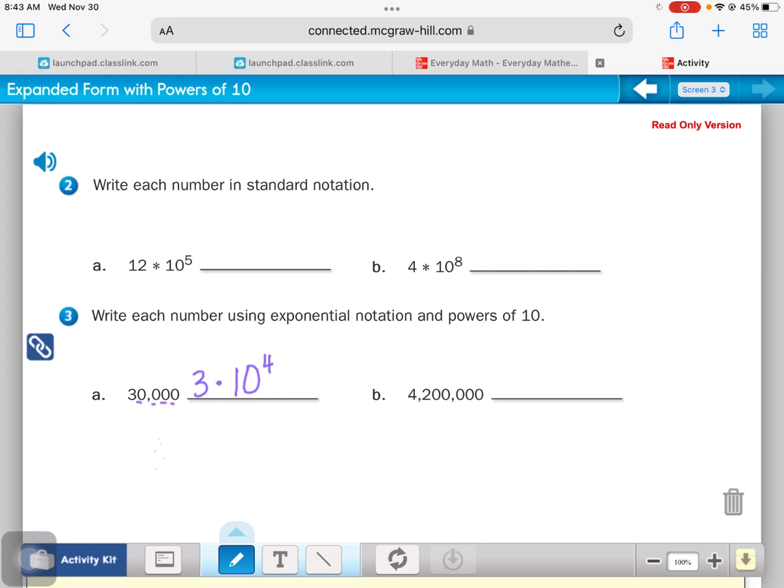And then here we have 42. I'm going to look at these two numbers together here, even though there's a comma. I'm going to say times 10 to the 1, 2, 3, 4, 5th power. So your asynchronous assignment today is going to be continuing to practice this portion.